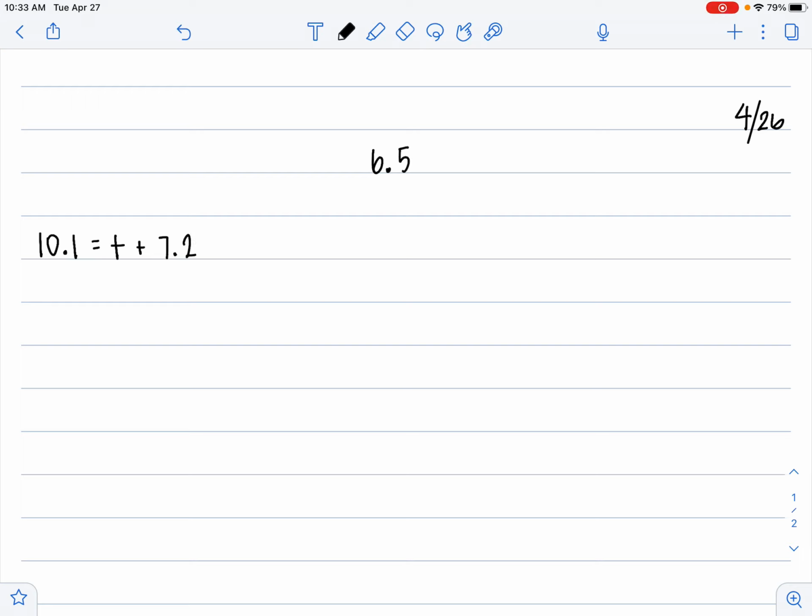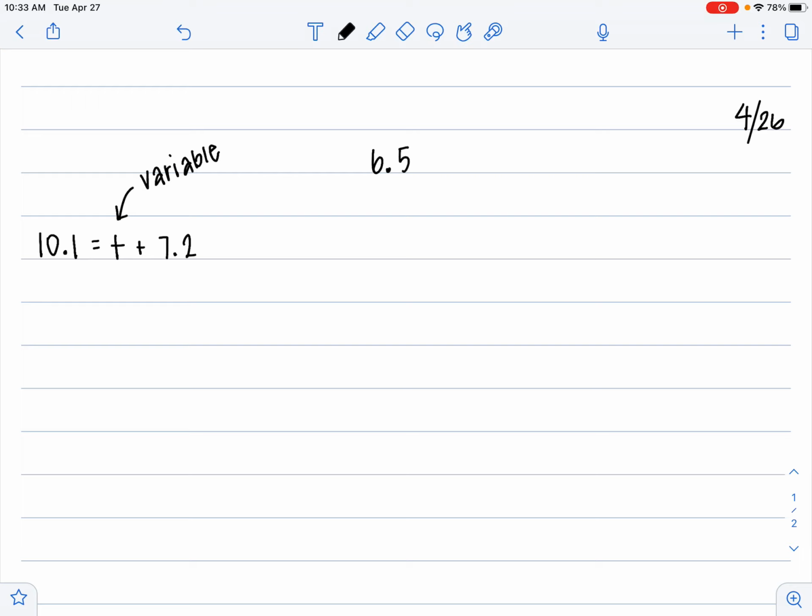Now remember that this letter t is called a variable. In other words, it's a mystery number. There is some number t that makes this equation true. When you see solve the equation, that means figure out what t has to be in order for something plus 7.2 to equal 10.1.